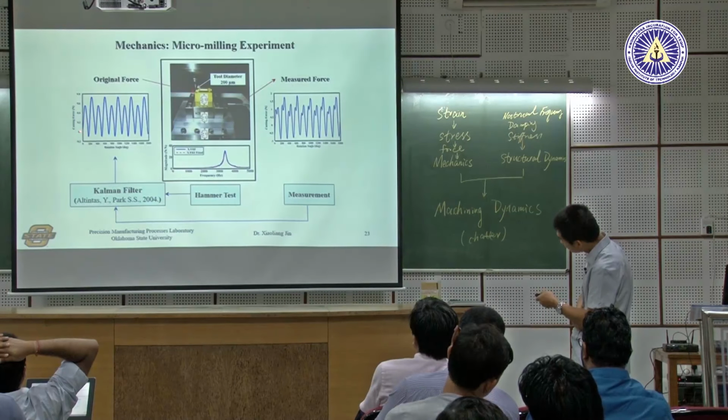But here is the real measured force. First, the amplitude is much larger. It's measured from -1 to positive 2 Newtons, and also it's highly distorted by the dynamics of the measurement system itself.